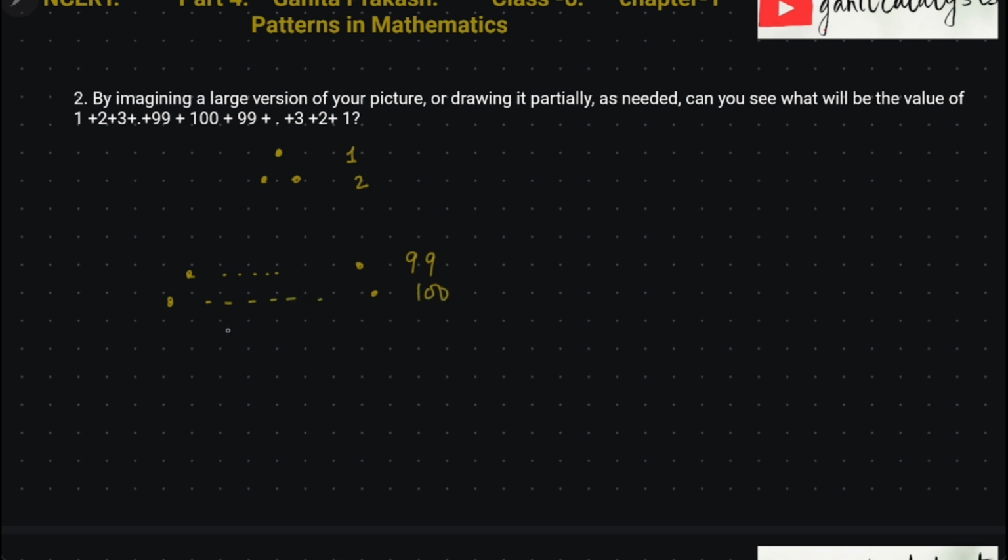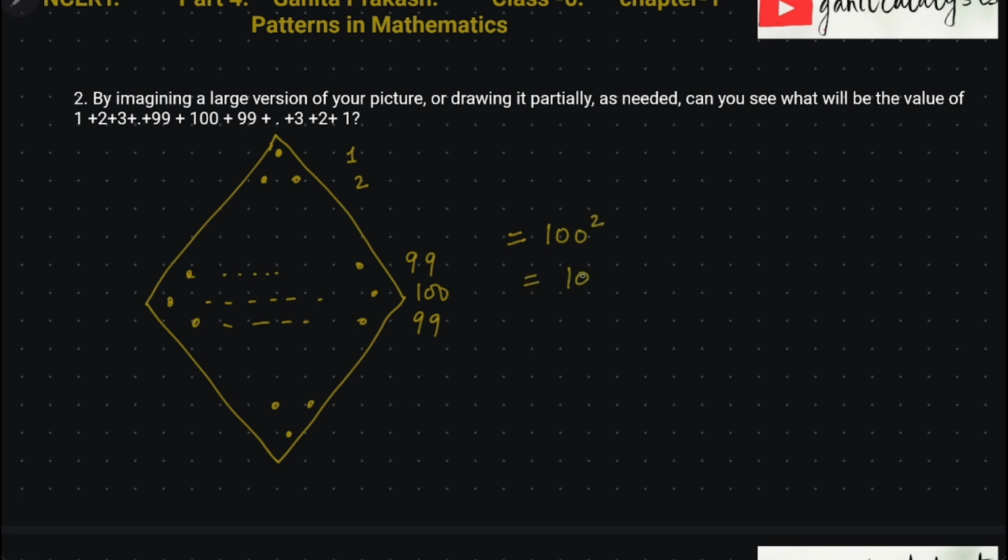Then decreasing order, 99 down to 2 and 1. Here we can see this is again like a square. So it is equal to 100 square, which is 10,000. That is the answer.